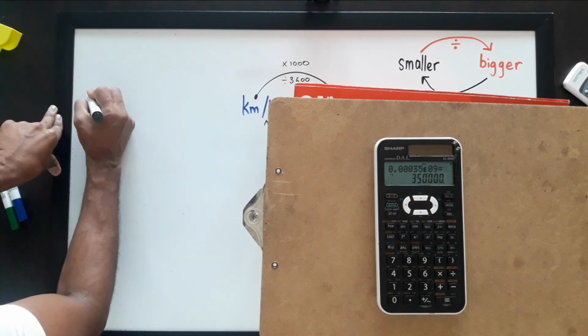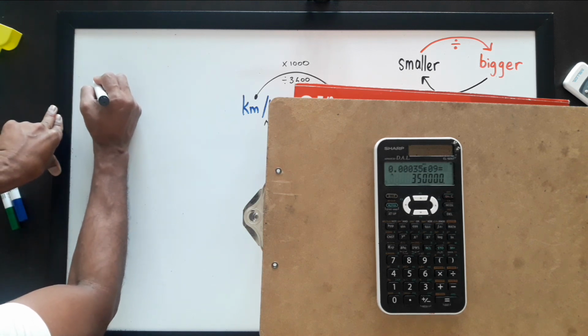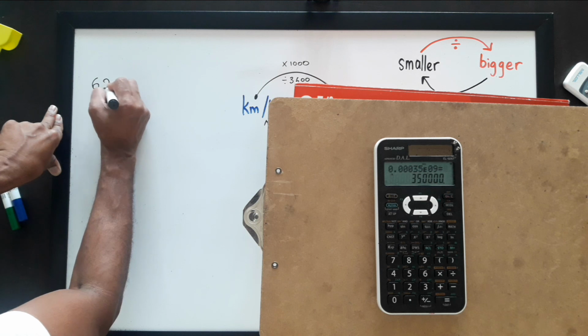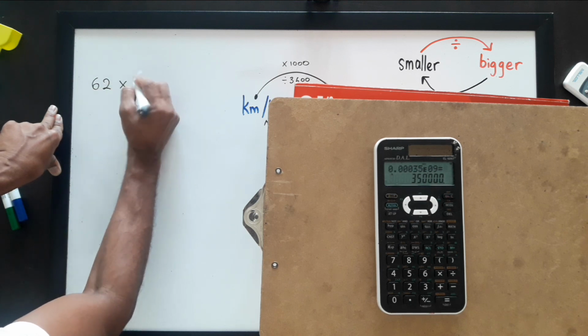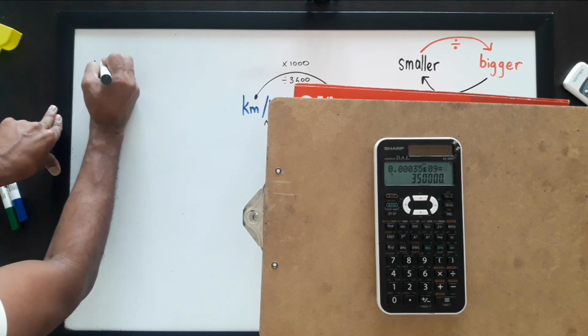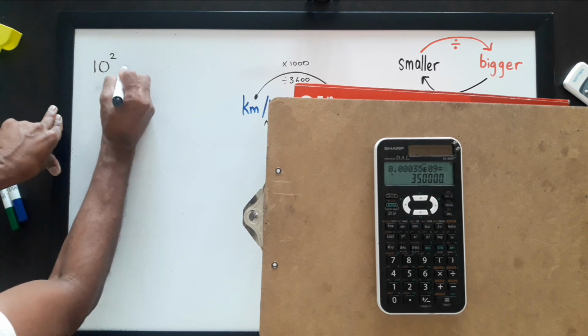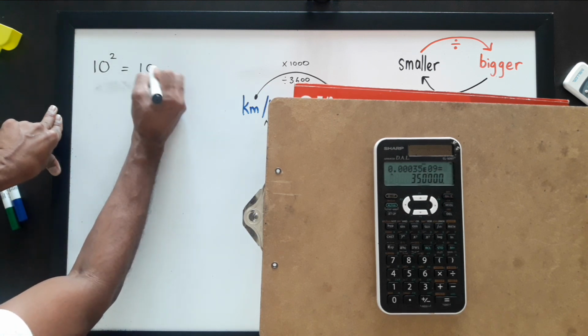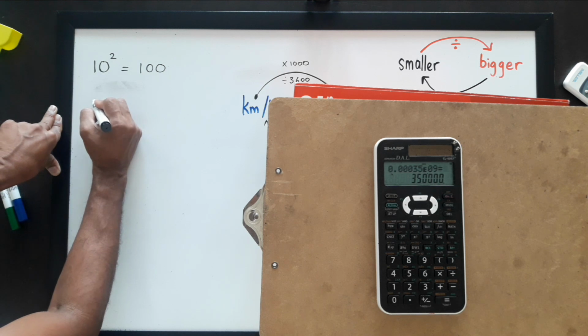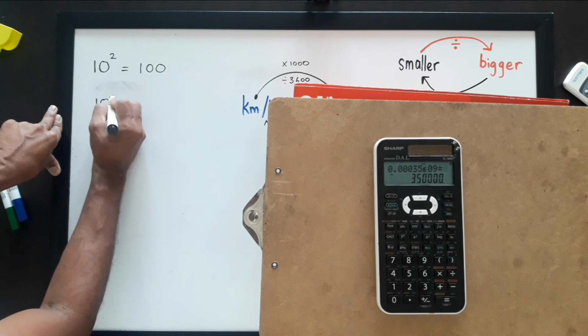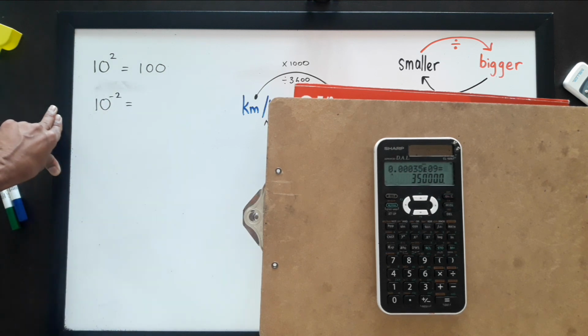But let's say I had 62 multiply, well, let's start with something easier. 10 to the power 2 is, remember, a 1 with 2 zeros. But what does 10 to the power minus 2 mean in maths?